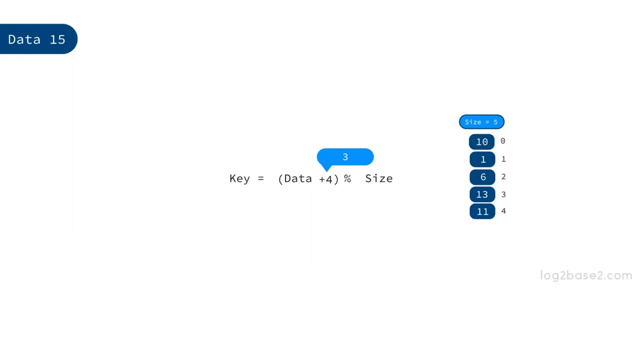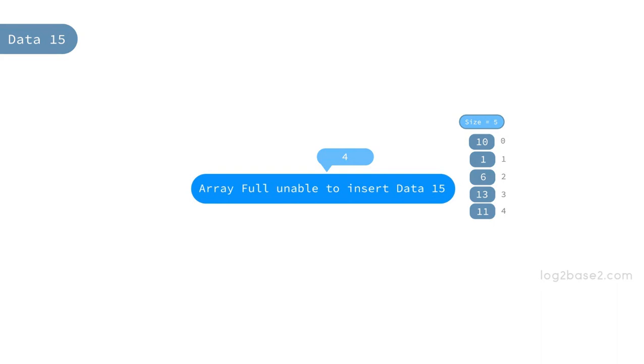And we got (15 + 4) mod 5, that is 19 mod 5, which is equal to 4. So check index 4 and it is also occupied. And we have applied this data in this equation with i taking all the values less than size, and we did not find a free space. So we can understand that the hash table is fully occupied now.